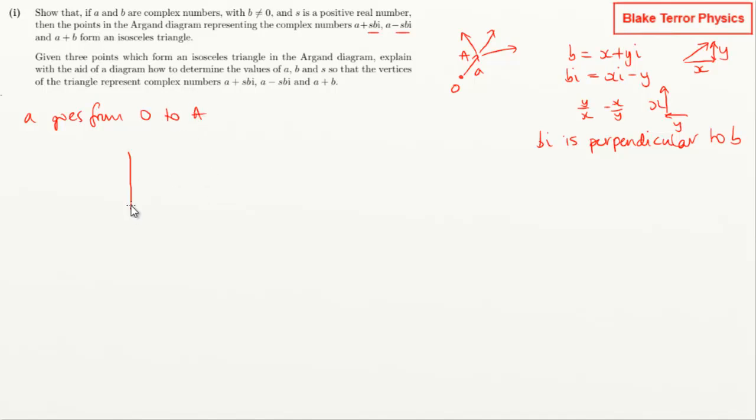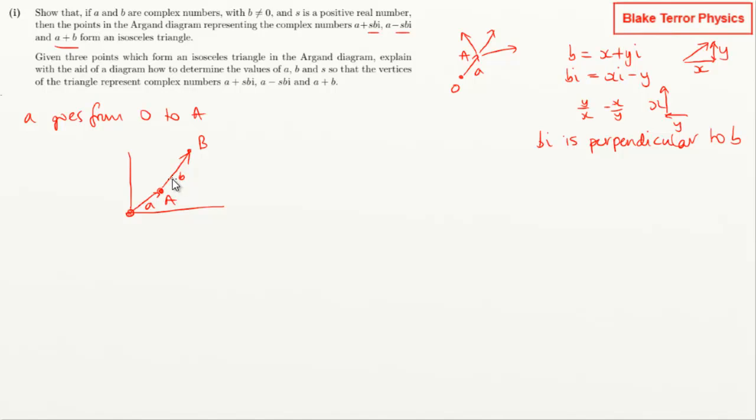So let's start off with O, and then we go up to point A, following that complex number. Then we go to B, because we've got A + B, so we follow B up to point B.